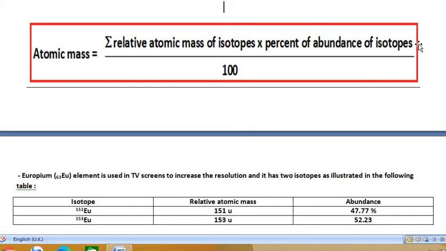Then plus, this is sigma, so plus 153 multiplied by 52.23 over 100.